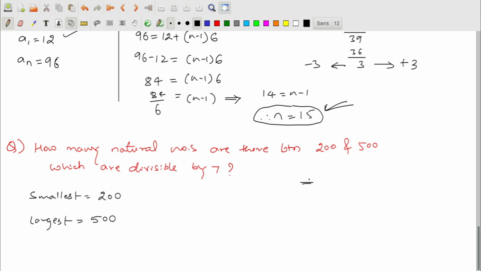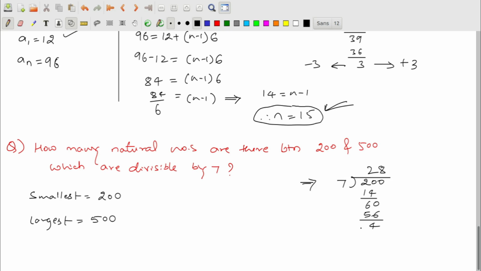Follow the same division of 200 by 7. See how much you will get. If you divide 200 by 7, you will get 4 in the remainder.